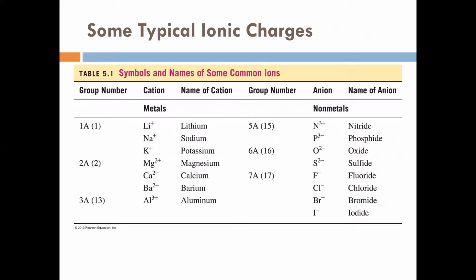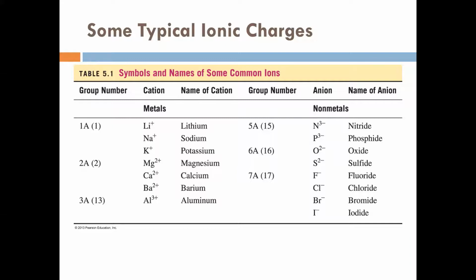So here are those typical charges for anything in group 1. Lithium, sodium, potassium all have a +1. If we're talking about our group 2 cations, including magnesium, calcium, barium, they're all +2. Aluminum is in group 3, so it would be a +3. For our group 5 anions, we're talking about our nitrogen and our phosphorus.